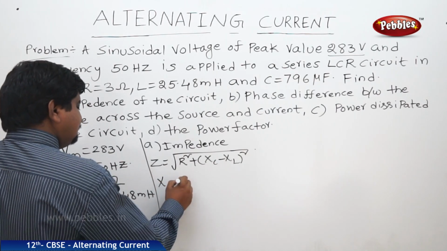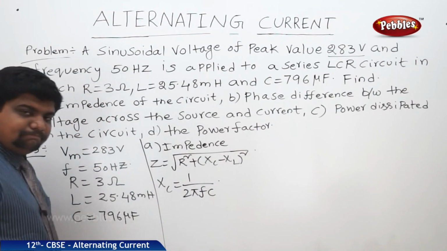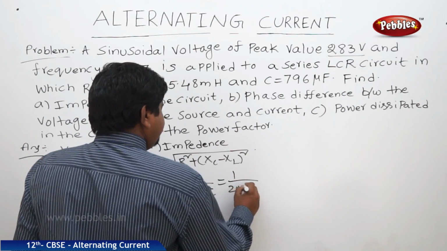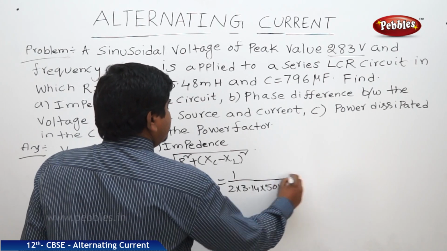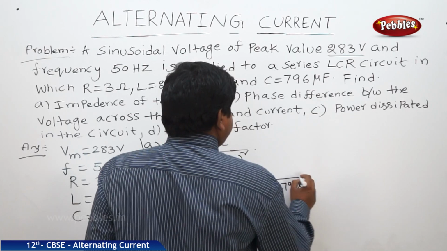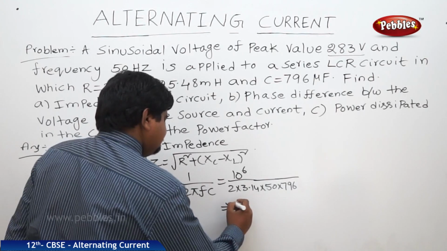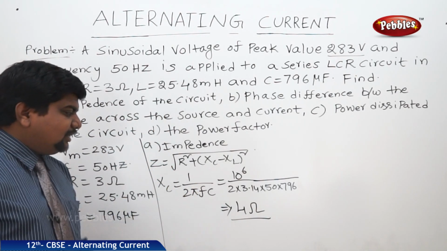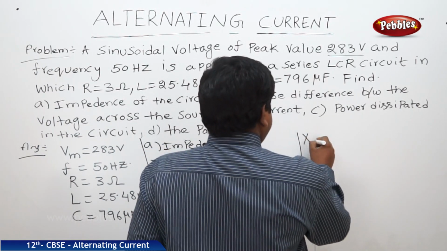What is XC? 1 by 2 pi FC, nothing but 1 by omega C. So therefore 1 by 2 into 3.14 into frequency 50, capacitance 796 microfarad means 10 power minus 6 farad. This 10 power minus 6 goes up. This is 4 ohms. Approximately the XC value we will get is 4 ohms. Next we will find out XL.